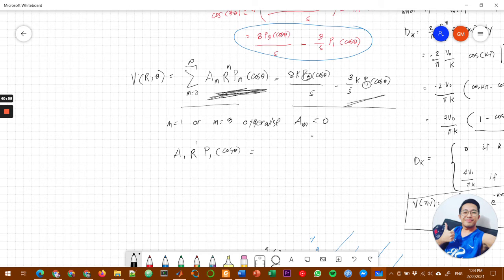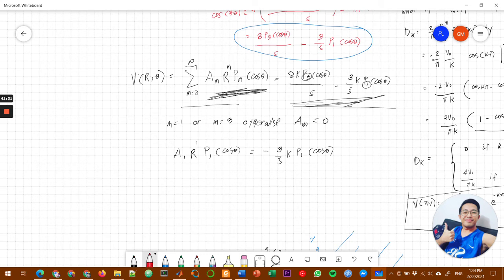Kana naman siya summation man ni, di ba? Summation siya sa tanan m, but since exist lang siya if ang m tama na siya, 1 nga m o 3 nga m, the rest kay 0. Okay? So this is negative 3 over 5 k p1 cosine theta. I hope clear na siya.